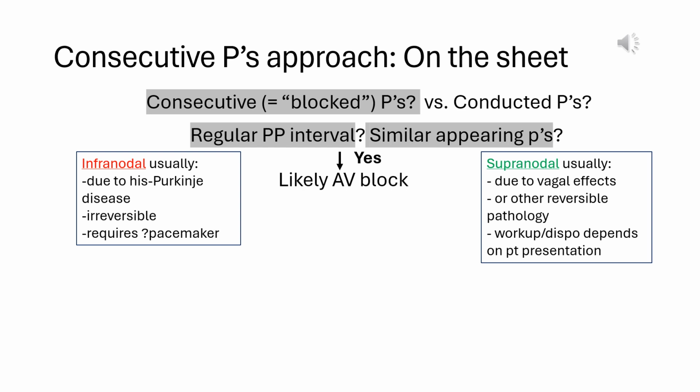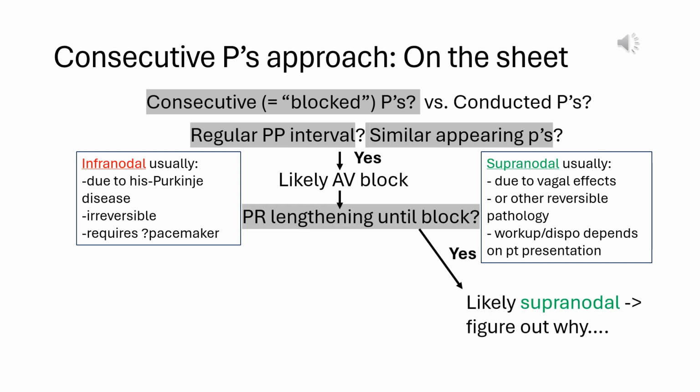If the PR interval is lengthening until you get to the blocked beat, then you're likely dealing with Wenckebach. Grouped beating patterns in general, that is repeating groups of 2 or more R waves, are suspicious for Wenckebach conduction. If the PP intervals and the RR intervals are regular, then suspect infranodal block.